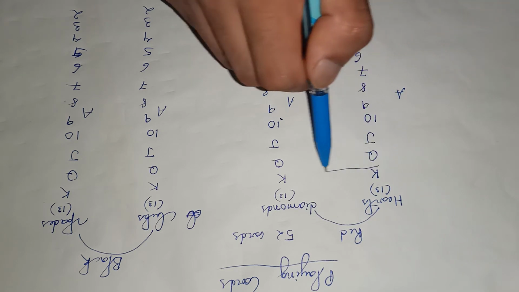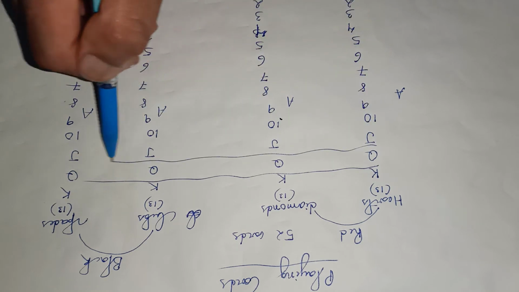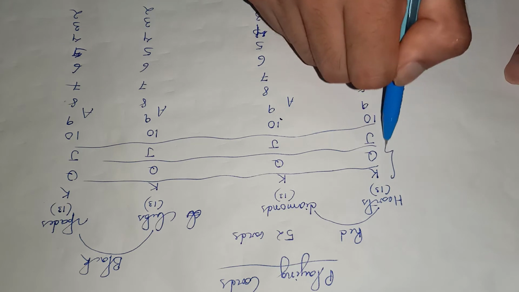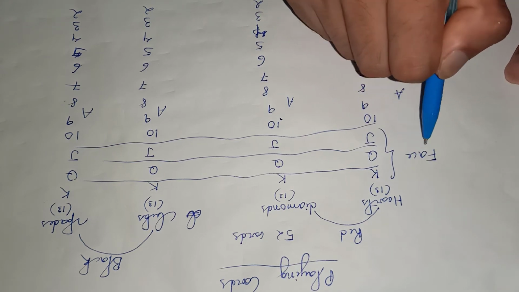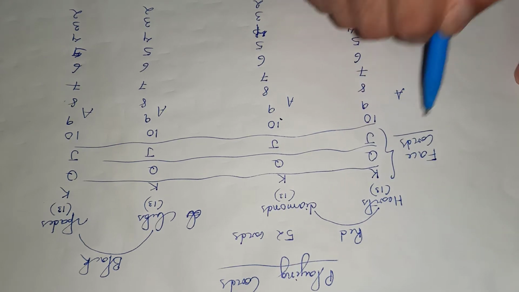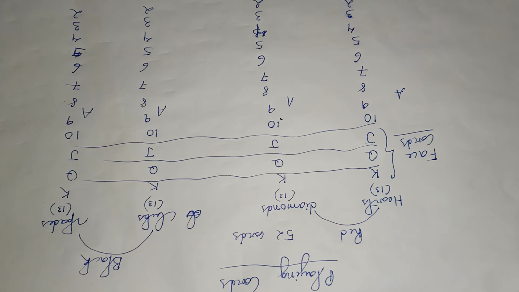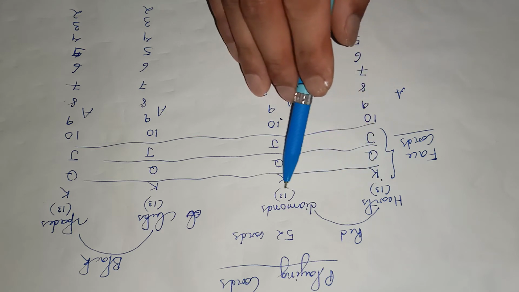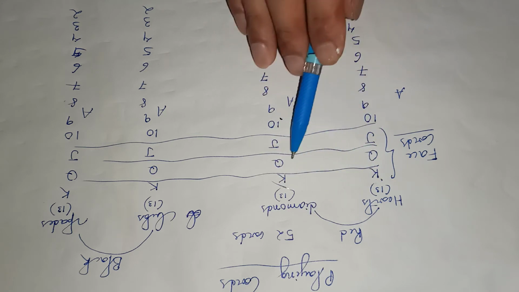Now king, queen, and jack are called the face cards, because there is a face on them. So in a deck of 52 cards, altogether there are 12 face cards. The red face cards will be 1, 2, 3, 4, 5, and 6.